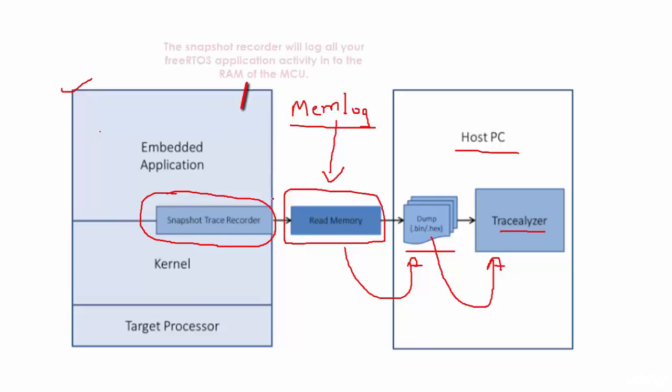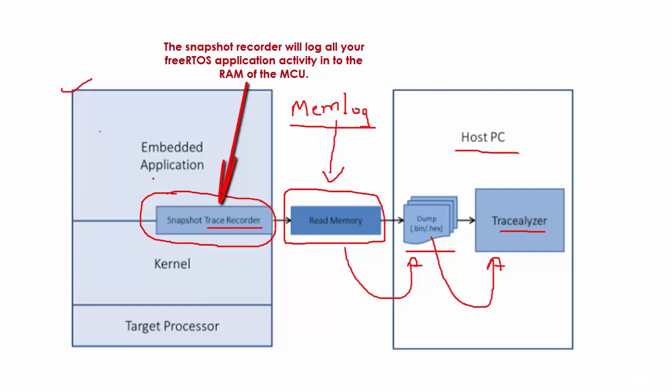What exactly happens here is that the trace recorder is a software component which logs all the details into the RAM: all the task details, all the ISR details, the timing related parameters. Every activity going on in your application, this recorder library will log into the RAM of the microcontroller.